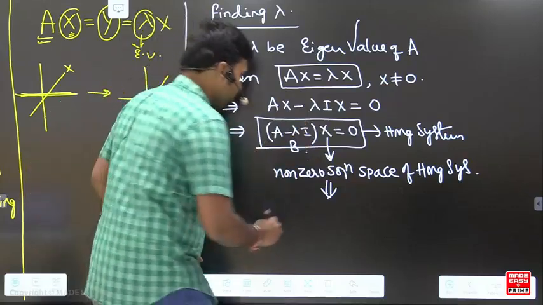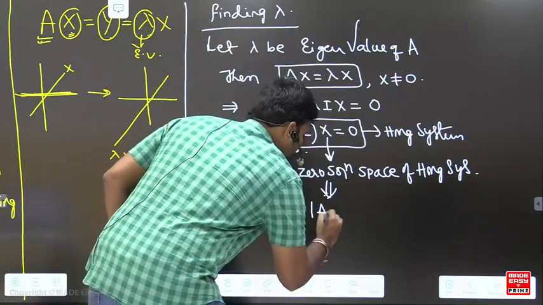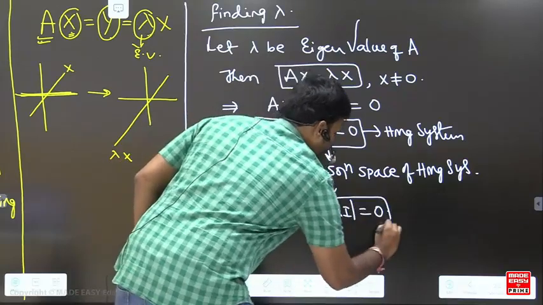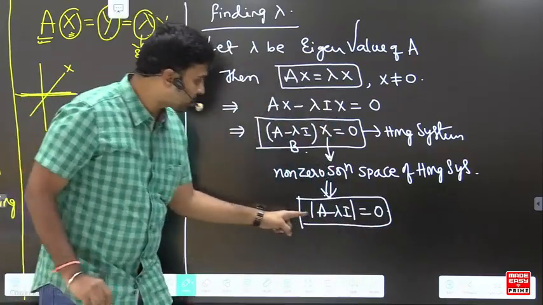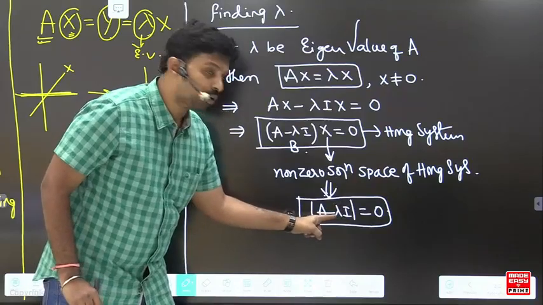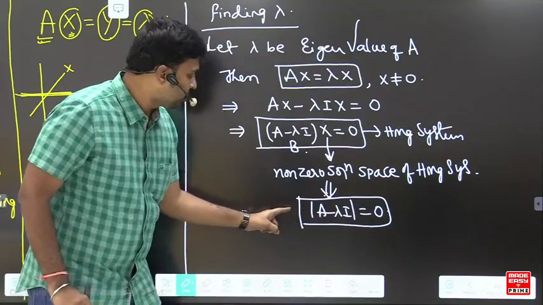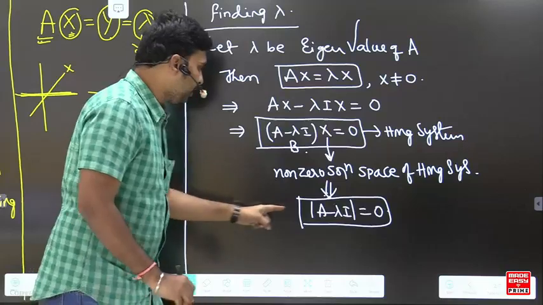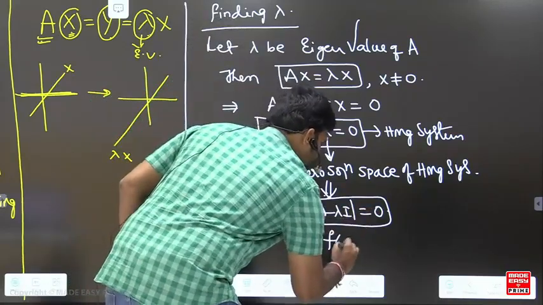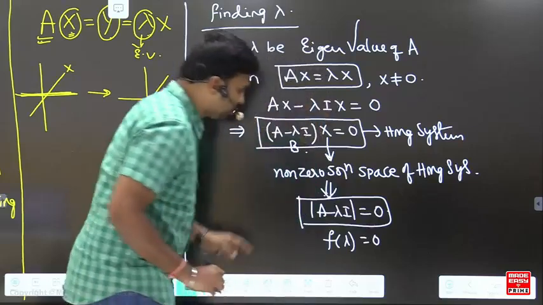Therefore, mod of A minus lambda I is equal to 0. Dear students, A I know, but I don't know lambda here. So generally mod of A minus lambda I is equal to 0 gives you f of lambda is equal to 0.